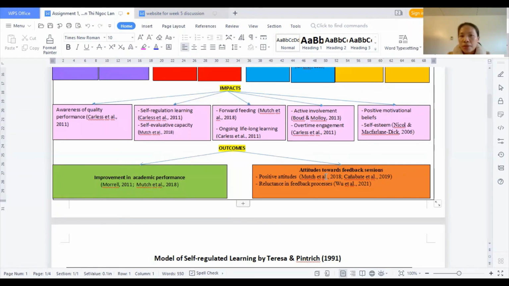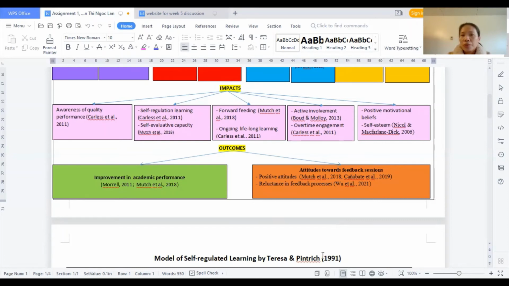And in terms of attitude toward feedback sessions, there were some mixed results. For example, in Nash et al. 2018 and Canabate et al. 2019, the students could gain positive attitudes toward the feedback sessions.